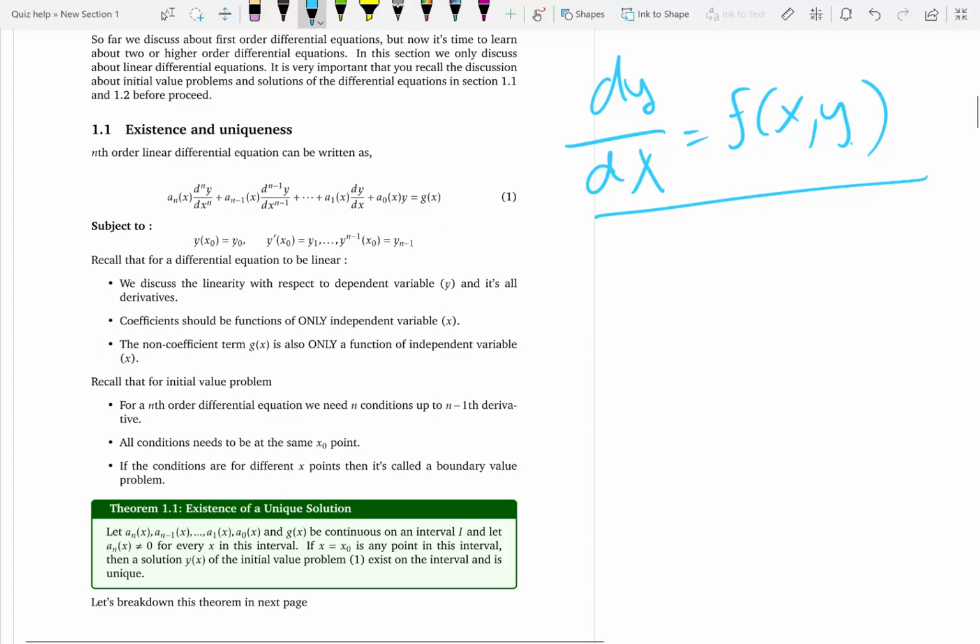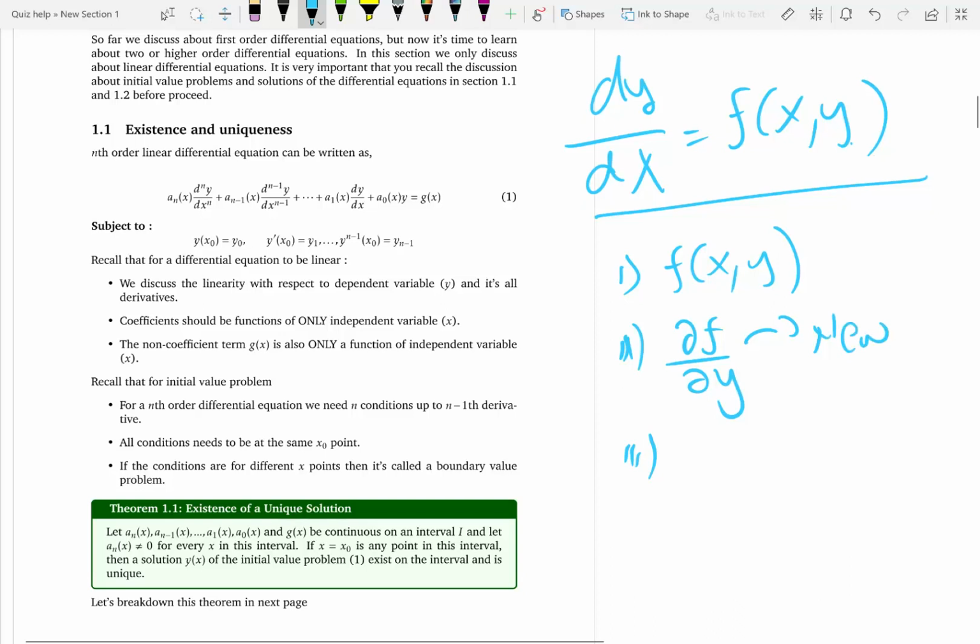So let's recall this. This theorem is also three things. First thing is, the function should be continuous in the region that you propose to have a guaranteed unique solution. So you look at function f and you pick the region where f is continuous. And then you look at the partial derivative of f with respect to y. This will give a new function, and you want this partial derivative to be continuous in the same region.